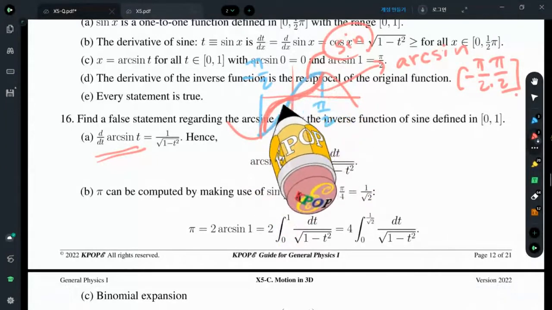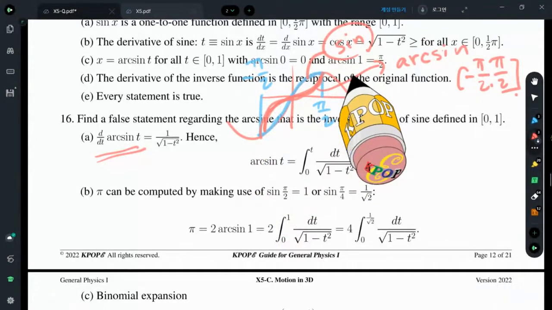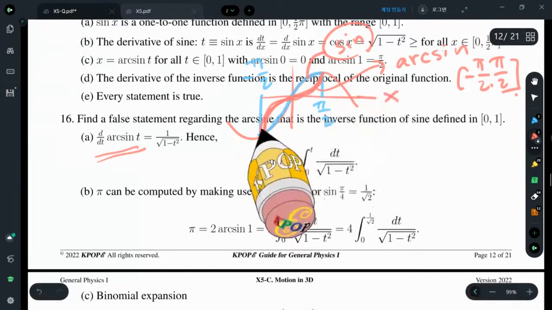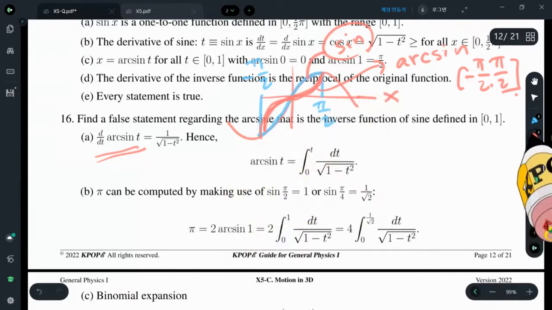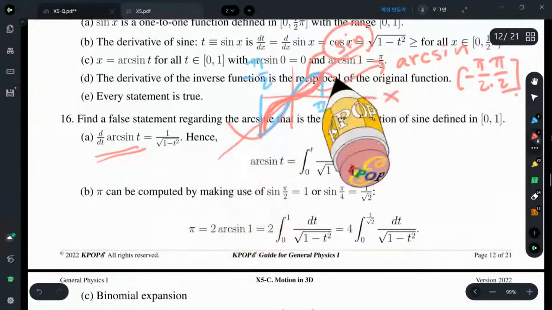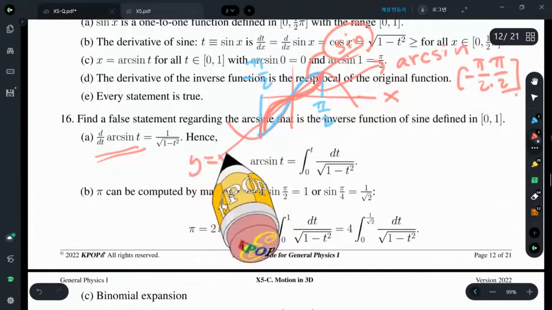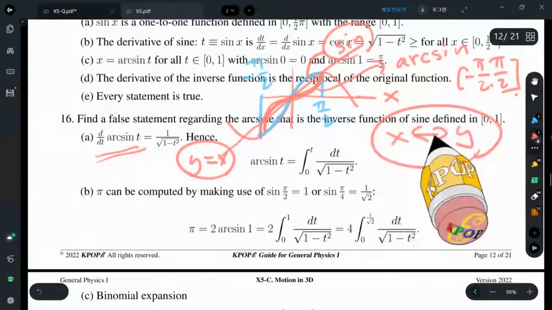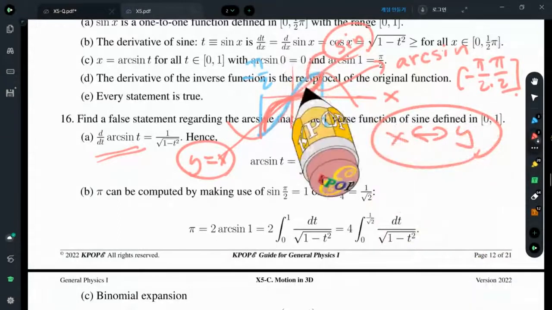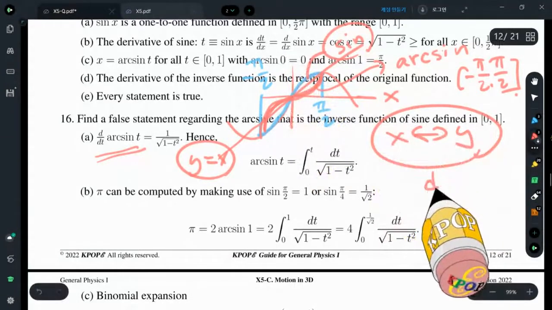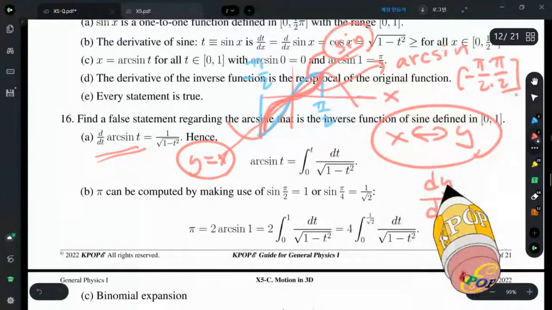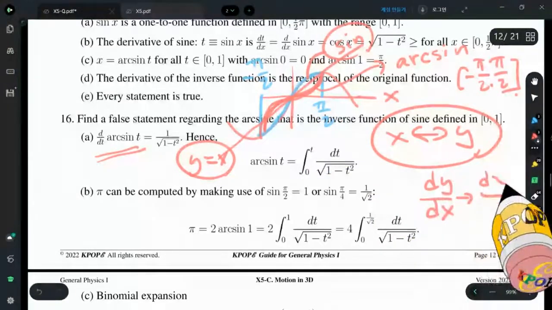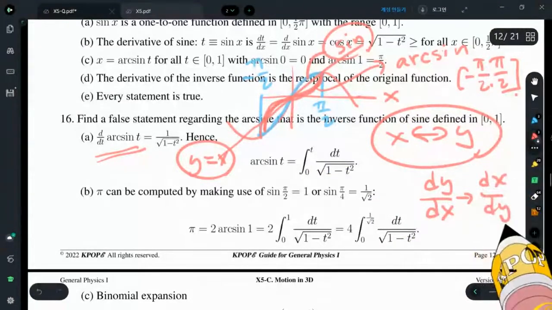The inverse function's derivative is just flipping the numerator and denominator, because we have a symmetry of these two functions. So y equals x means exchanging x and y. The inverse function in the graph exchanges x and y, then you find dx over dy.